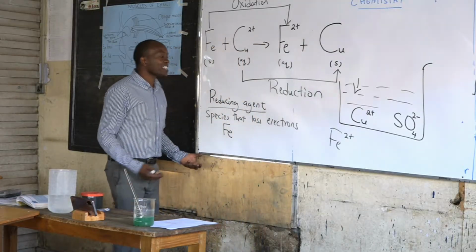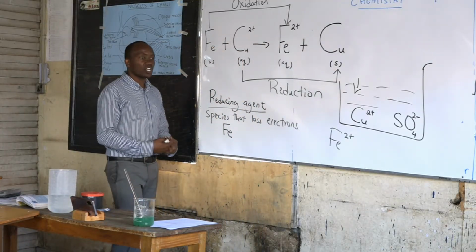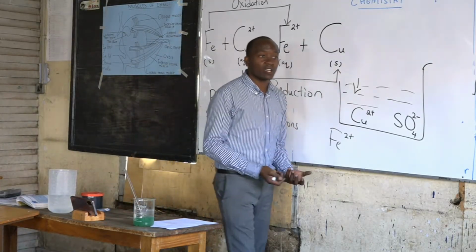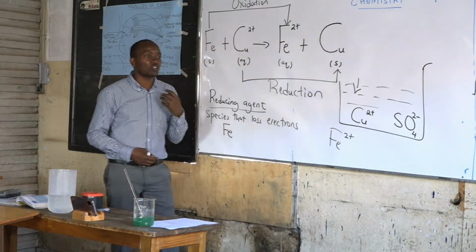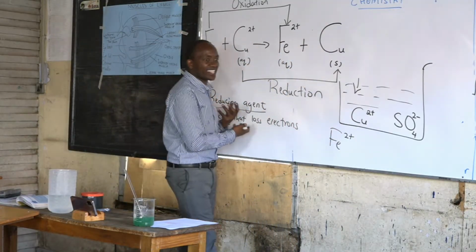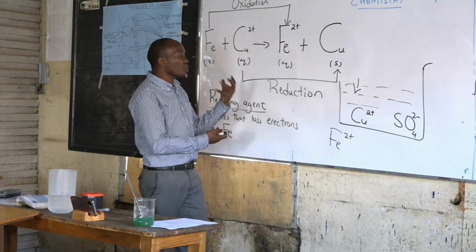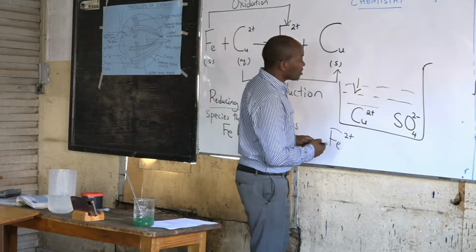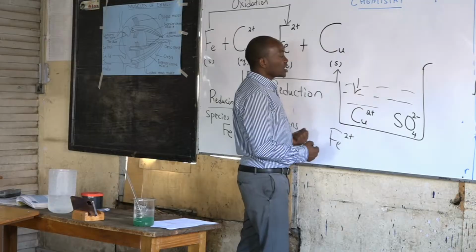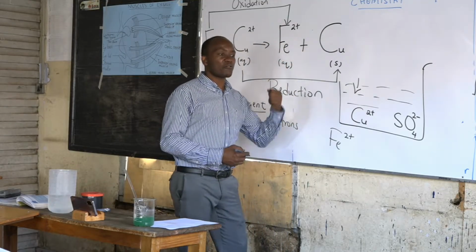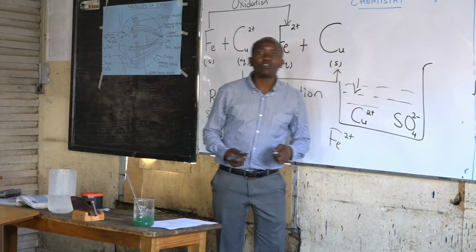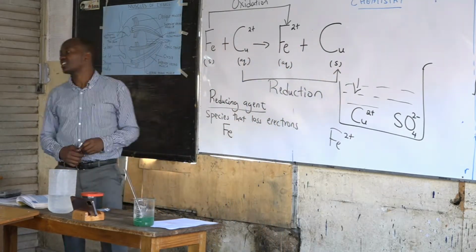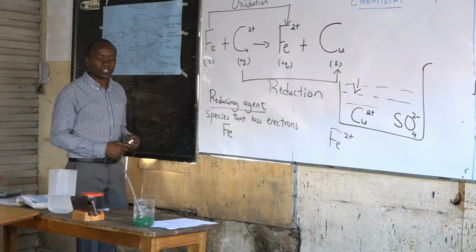Copper 2 sulfate is a solution that contains the copper 2 ions and the sulfate ions. So here we are talking about a reduction and oxidation process based on the metals. We are just checking which metal is going to displace the other from the solution of copper 2 sulfate.